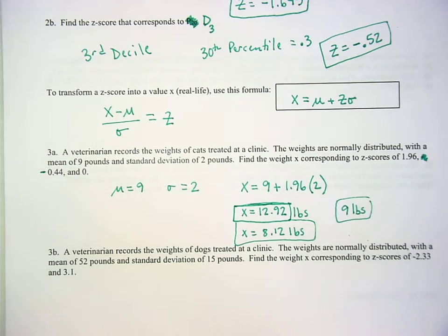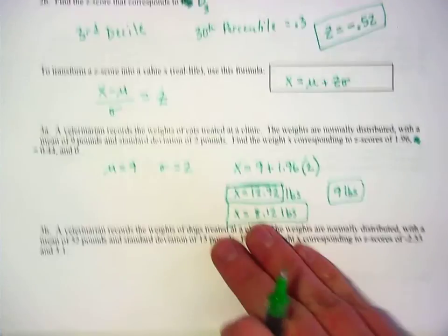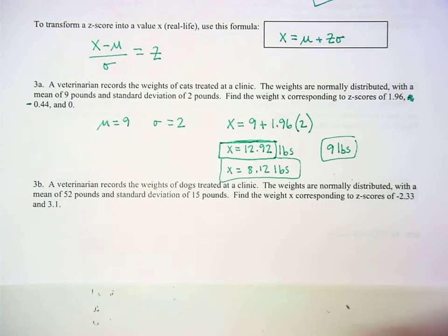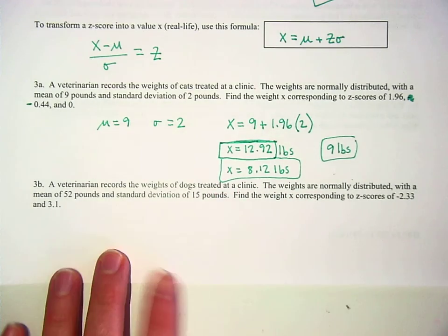All right, really quick, do number 3B with your partner. I'm going to do them up here so you can compare your answers.